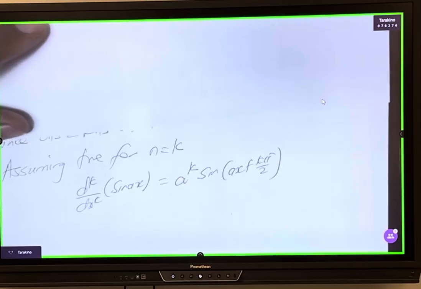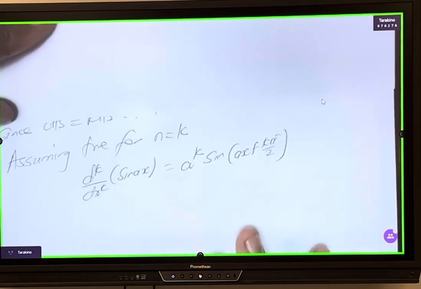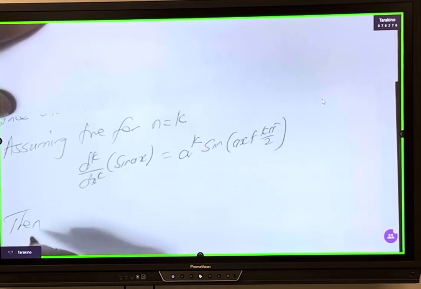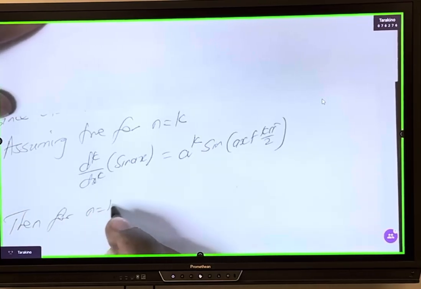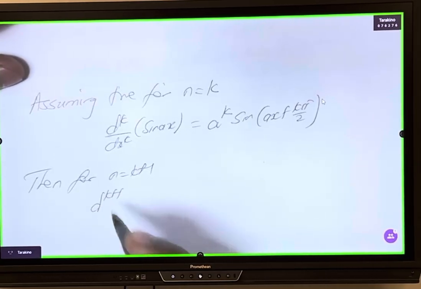So now we are done, and we move on to the inductive step. We state the result when n is equal to k plus 1. So when n is equal to k plus 1, it's going to be this to that.